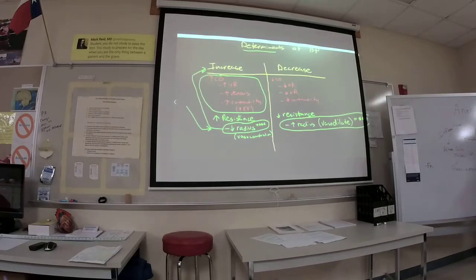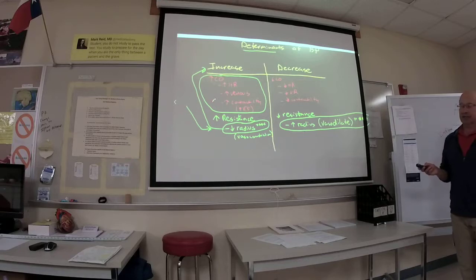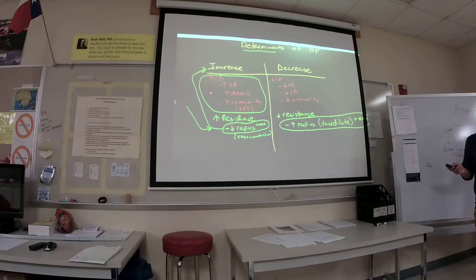And then these are just ways, like we sort of talked about already. To increase cardiac output, we can increase heart rate, we can increase venous return, we can increase contractility, which will increase ejection fraction. To increase pressure, we can increase the resistance by decreasing the radius.